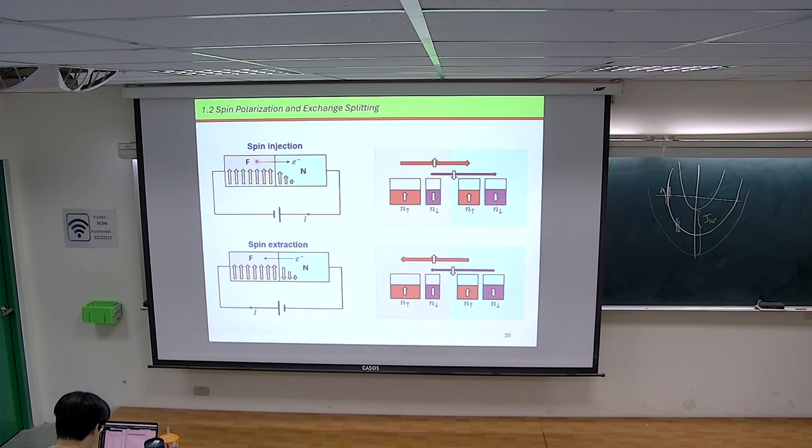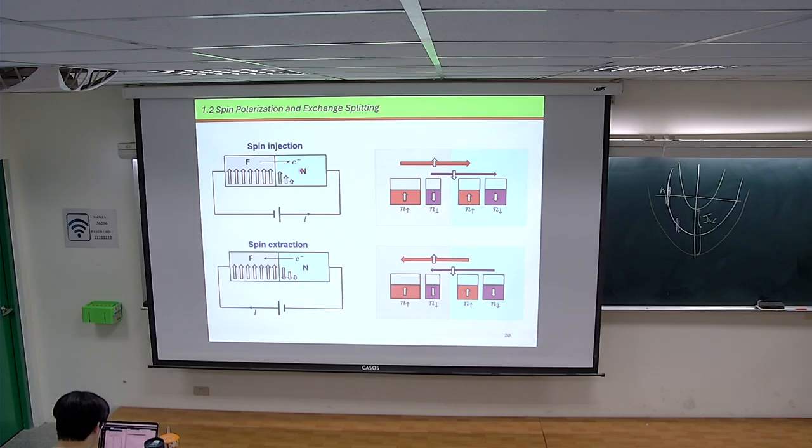And because we have more electrons in these bands with the spin up, we will have more electrons with the spin up going into the normal region, creating polarization in this normal region. This polarization will penetrate somewhere, but of course in the normal region you may have scattering and other mechanisms for spin flipping, relaxation and so on. So it may not go through all the material.